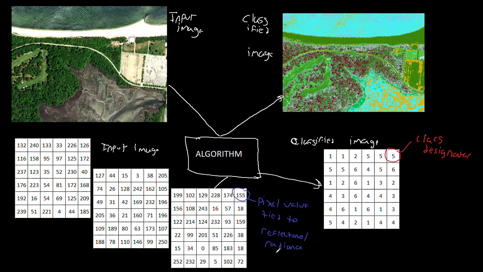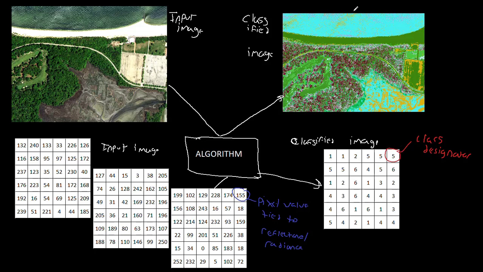If you don't remember what reflectance and radiance are, I would encourage you to go back to those videos. But what we do is we feed this into the algorithm, and the algorithm does something, and then it spits out a classified image where this pixel value here is a class designator. That's saying that this pixel belongs to class 5.